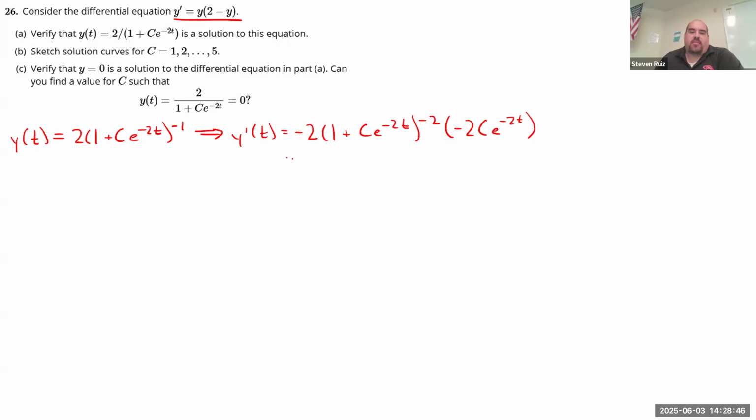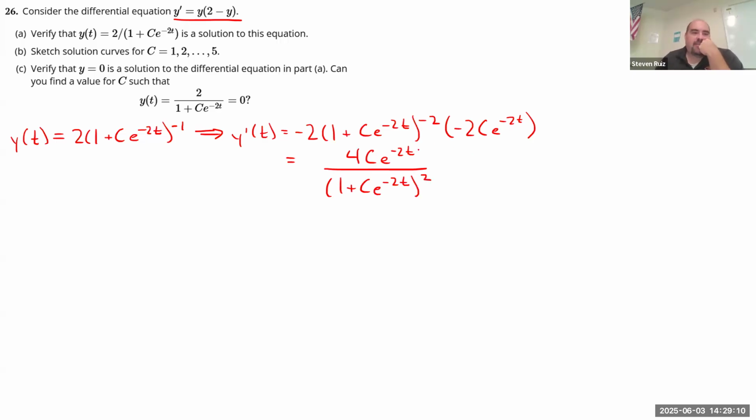Cleaning this up a little bit gives us negative 2 times negative 2, positive 4, c e to the negative 2t over 1 plus c e to the negative 2t, squared.